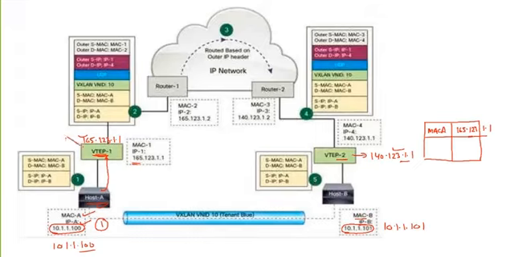And VTEP 1 will contain the MAC address of B, and it will say: I need to go to MAC address B, I have to go to the VTEP 2 IP address. It is the same as the OTV we learned.